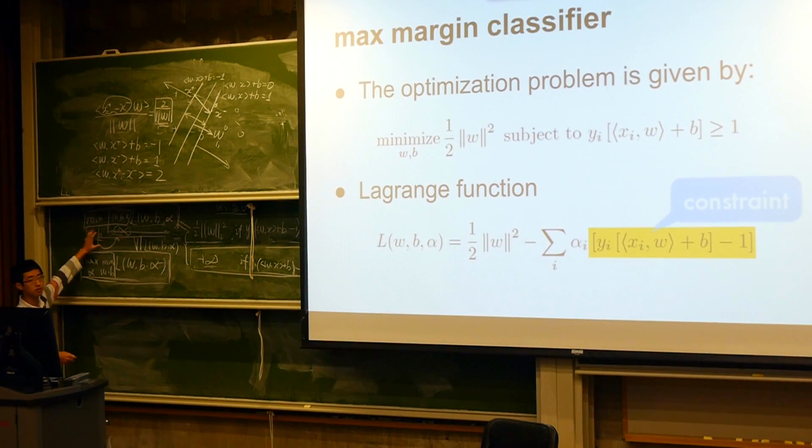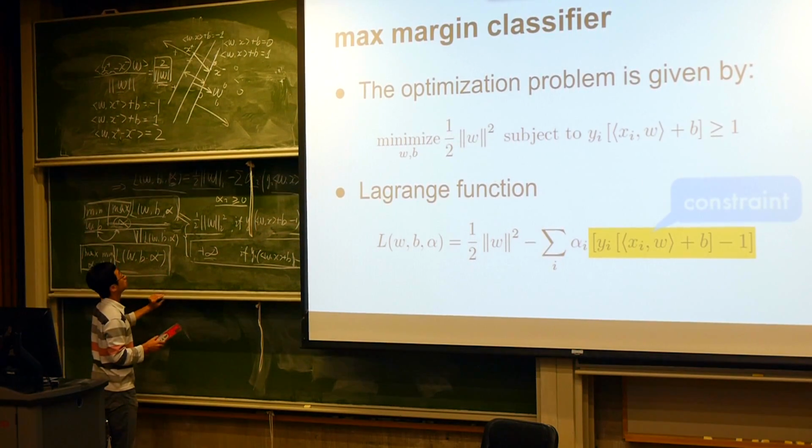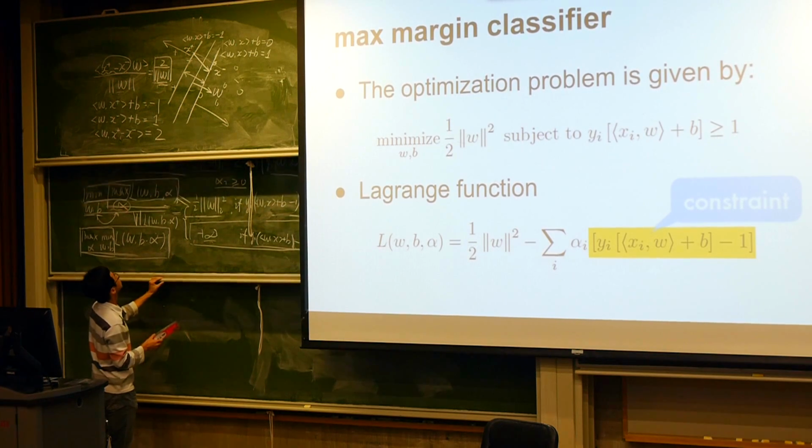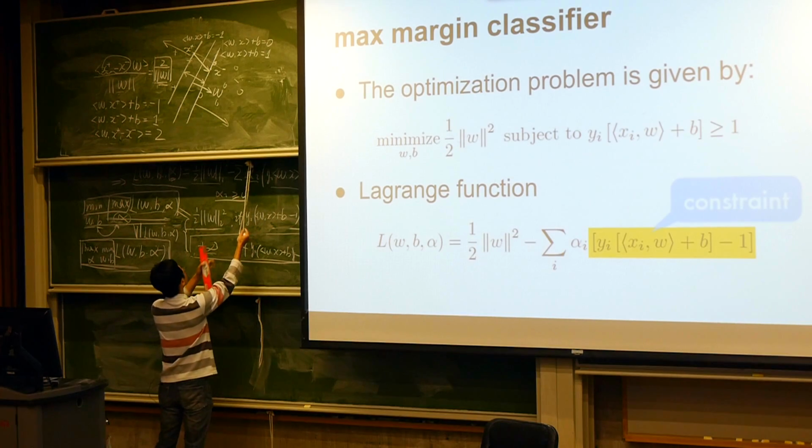And this is the lower bound of the original optimization problem. Then we take the derivative, right? We set it to 0, just as he just said. We take the derivative of this.